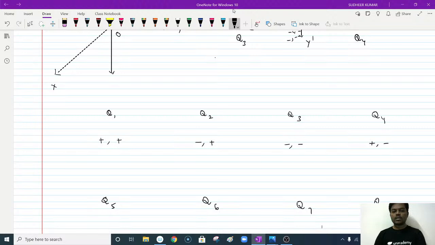Similarly, if you go to the remaining also, first write as it is: positive, positive; negative, positive; then negative, negative; and positive, negative, right?